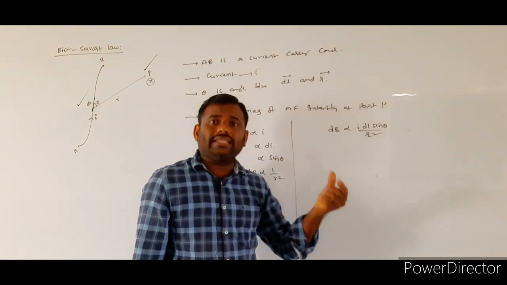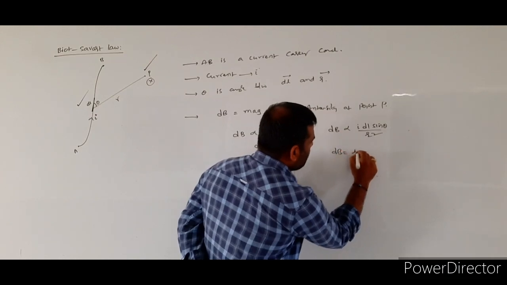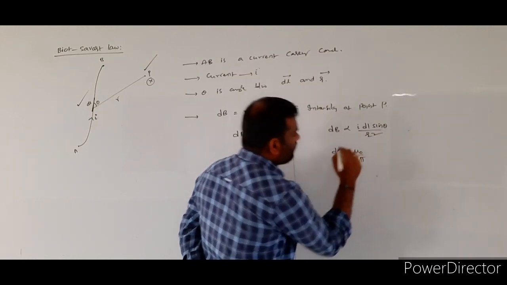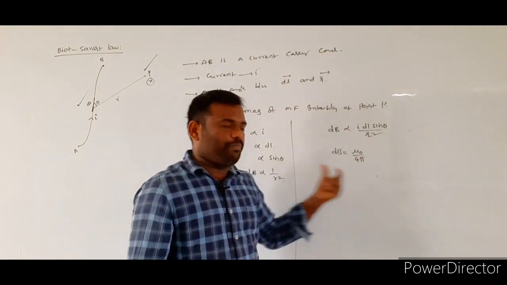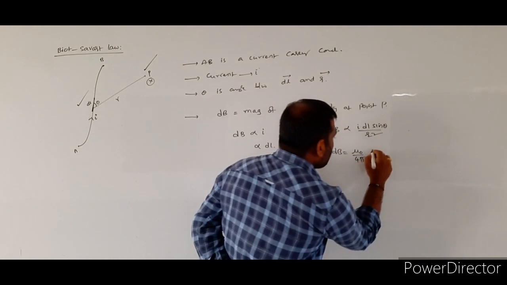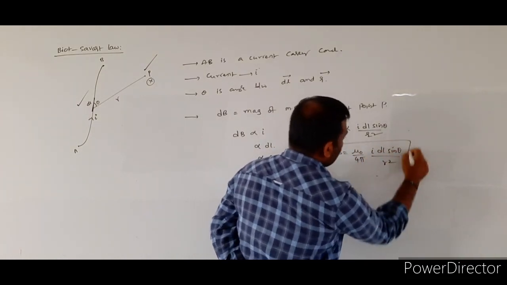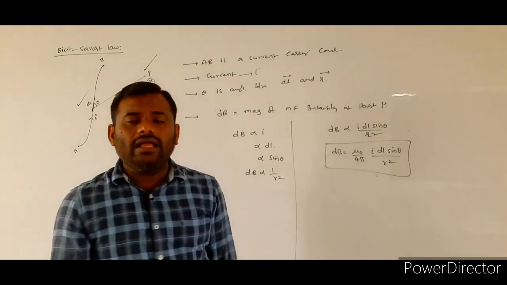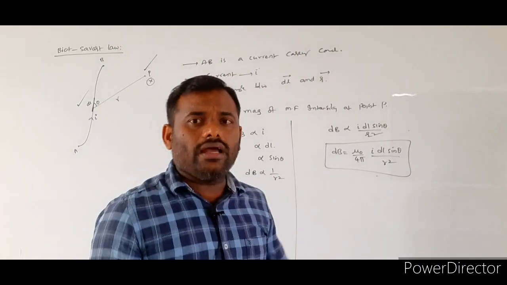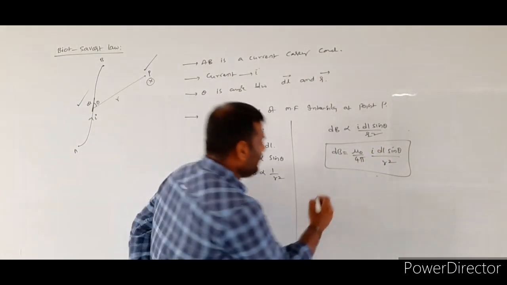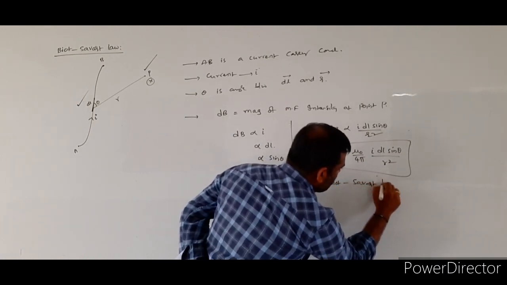To eliminate the proportionality, we introduce a proportionality constant, mu naught by 4 pi. So dB is equal to mu naught by 4 pi I dl sin theta by r square. This is the final formula, and the above equation is the Biot-Savart law.